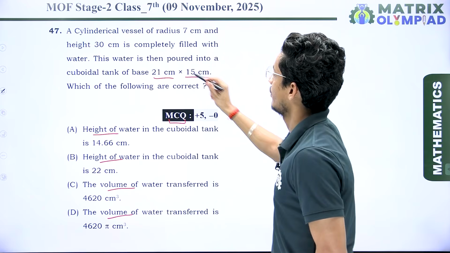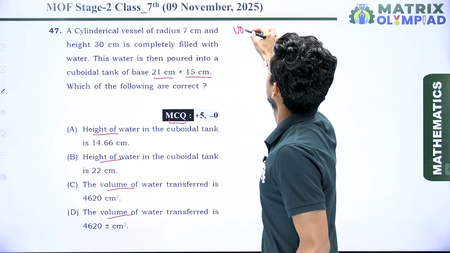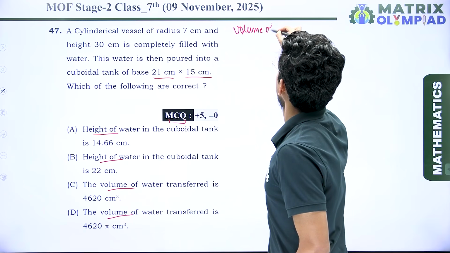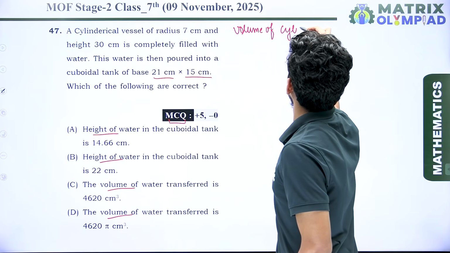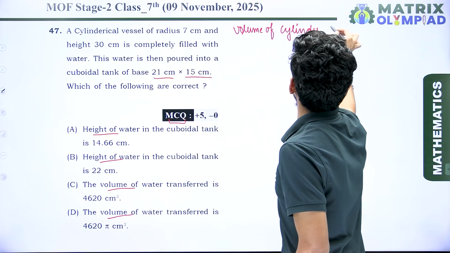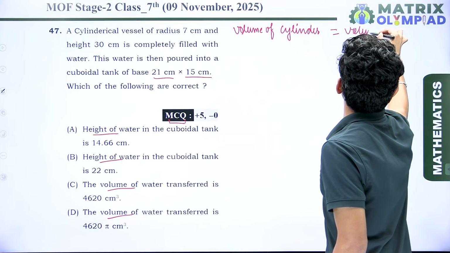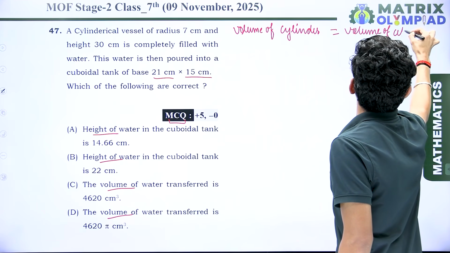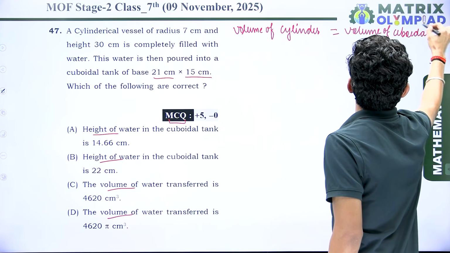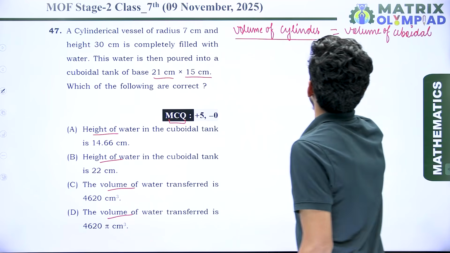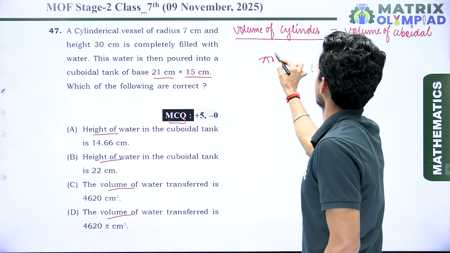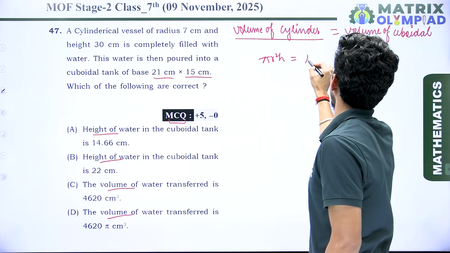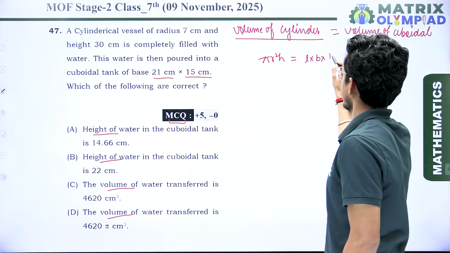We know the volume of the cylindrical vessel is equal to the volume of the cuboidal tank. We know the volume of cylinder, that is pi r square h, which is equal to L B h.